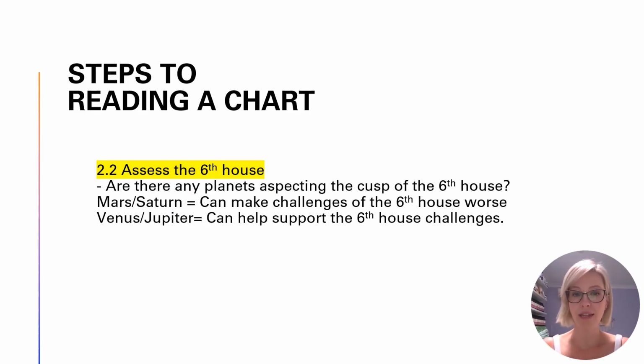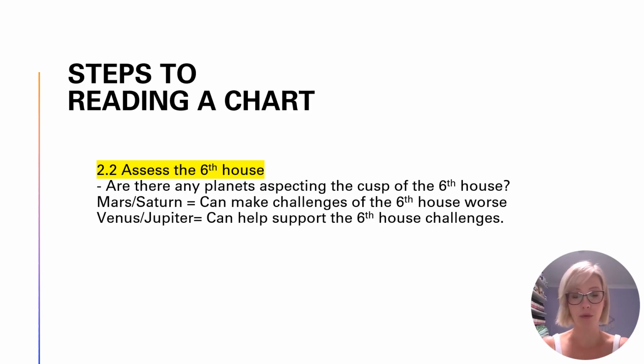Also, are there any planets aspecting the cusp of the 6th house? So remember I was talking about the demarcation between houses, the line between the 5th and the 6th, or between any houses, that line, that demarcation, that is called the cusp. So if there are any planets making an aspect to the cusp of the 6th, they can impact the energy of the 6th house as well.